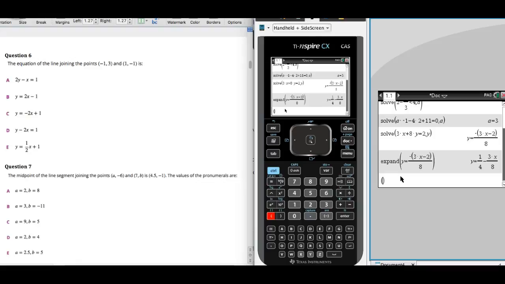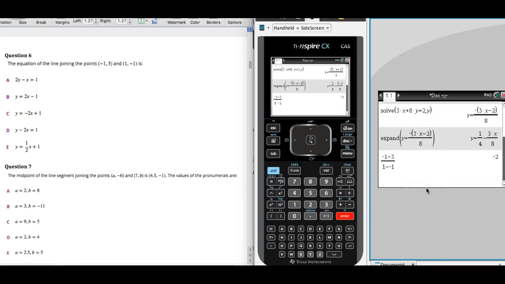So it's the difference in your y, so y2, which is -1, minus y1, which is 3, over x2 minus -1. So that's just y2 minus y1 over x2 minus x1. So your gradient is -2.